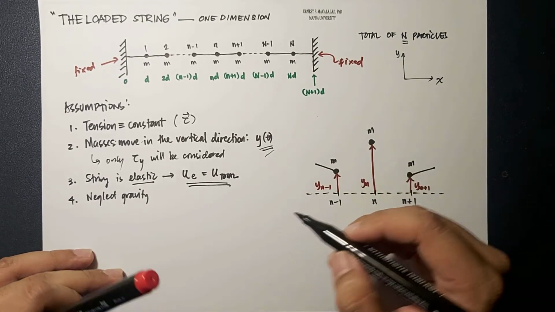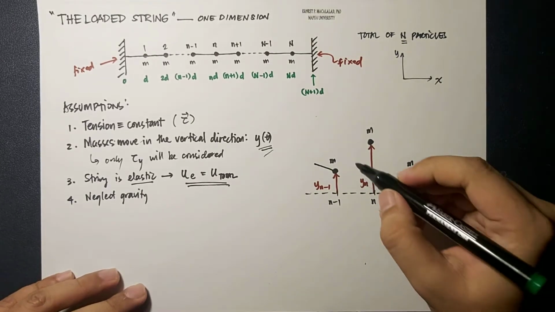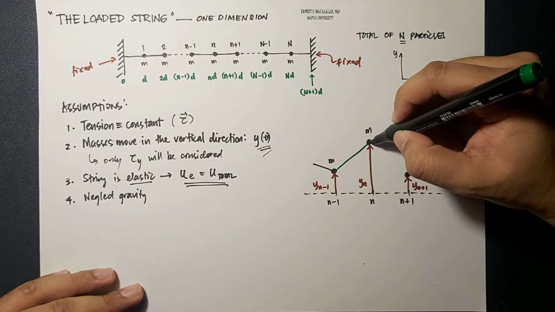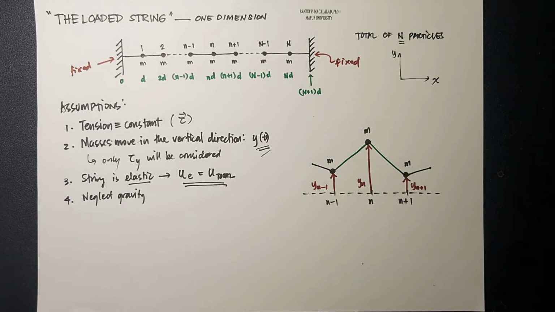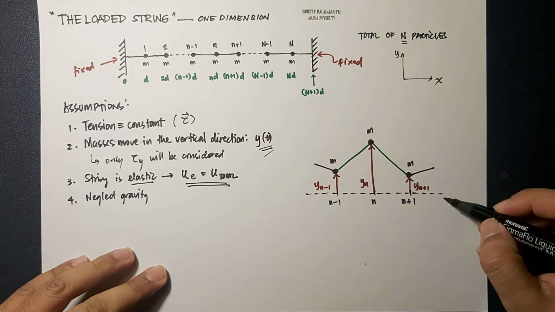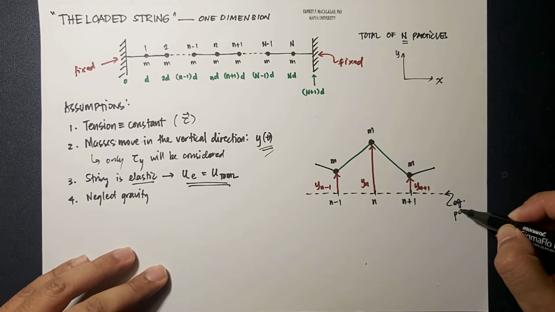Okay, let's represent that by green. Now again, as I mentioned earlier, this will be your equilibrium position.